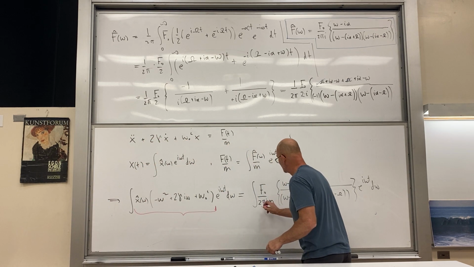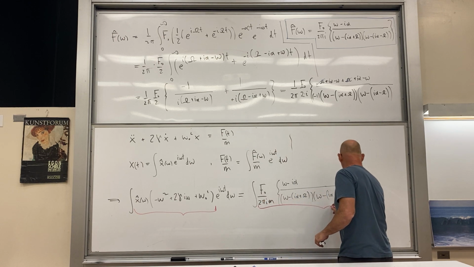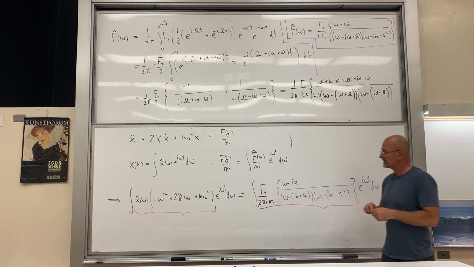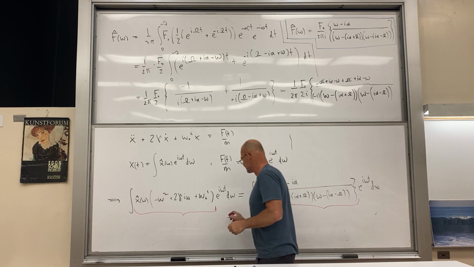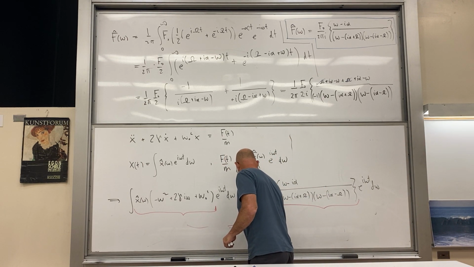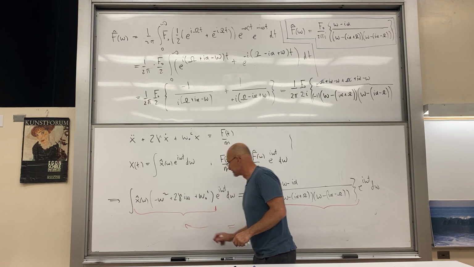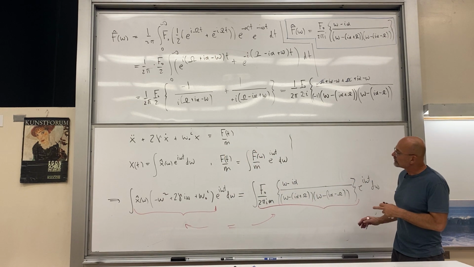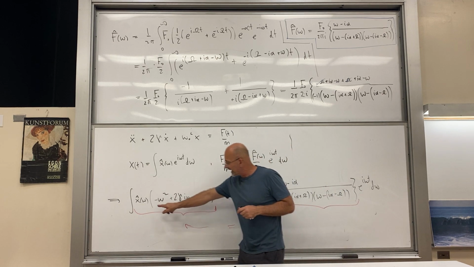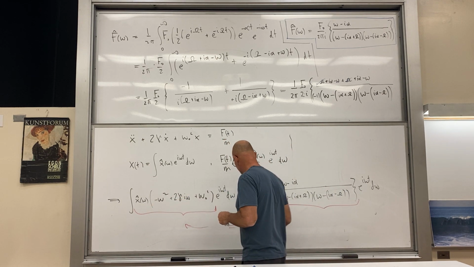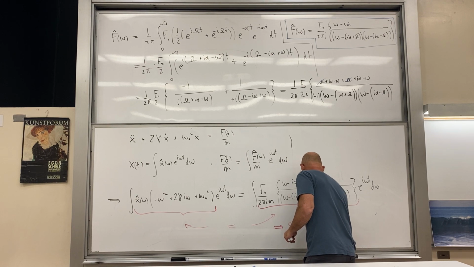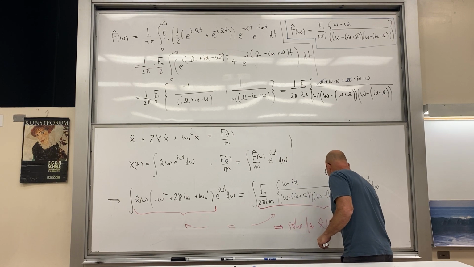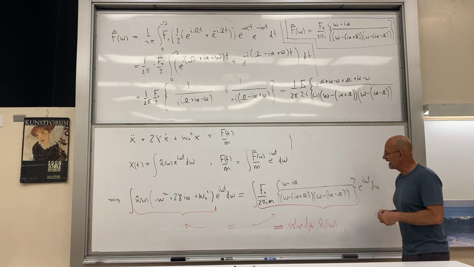Equal to this right there. So setting those equal, if those are equal, then we can solve for x hat of omega. And that's what we'll do next.